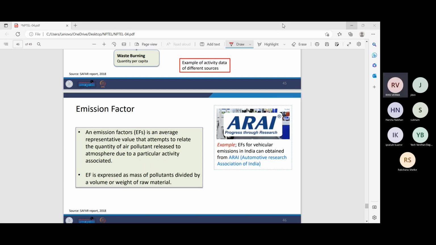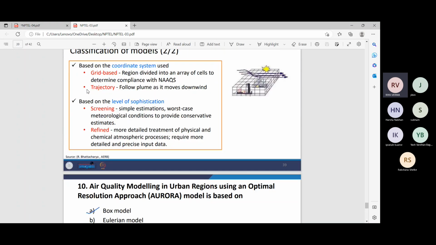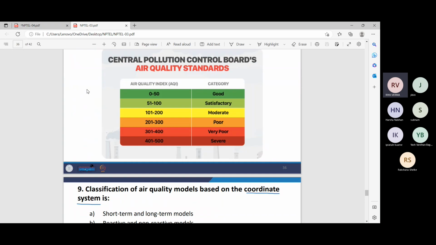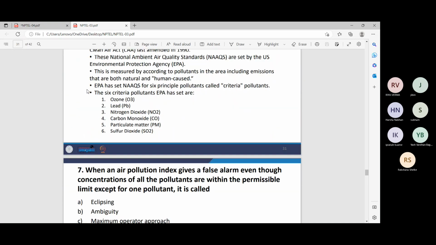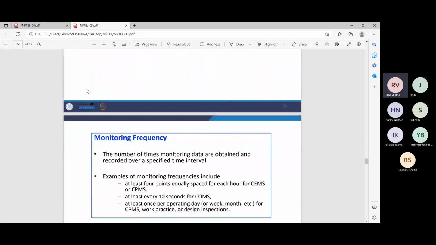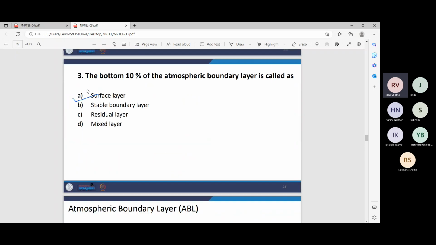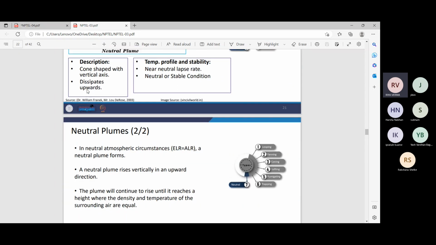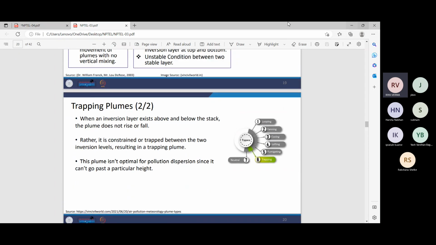See, practically, I guess it's impossible to remember all the values. But what you can have is a basic idea about the values, or the general standards. For example, for the AQI, it is very easy to remember, correct? The AQI values you can remember, like what is good, what is moderate, getting my point.